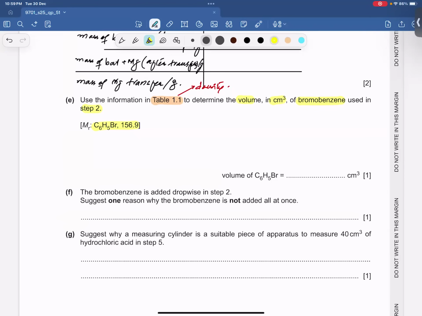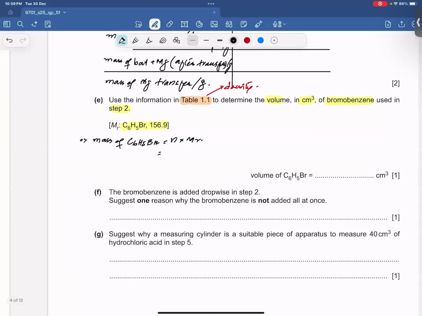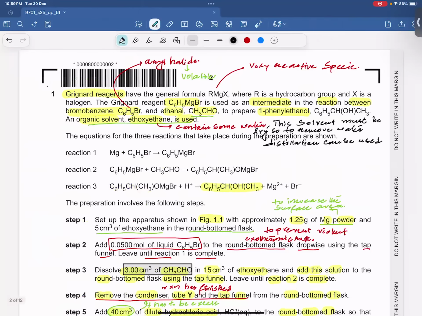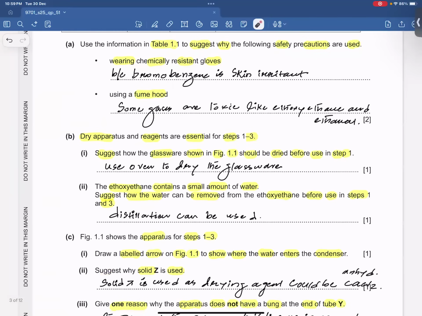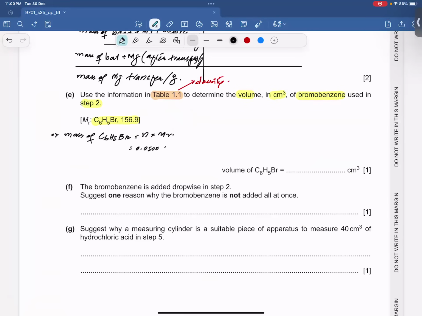Density is basically mass per unit volume. So first of all, let me find out the mass of bromobenzene. We need moles into MR. Moles already given in the question, which was 0.0500 moles. 0.0500 moles into MR, which is 156.9.